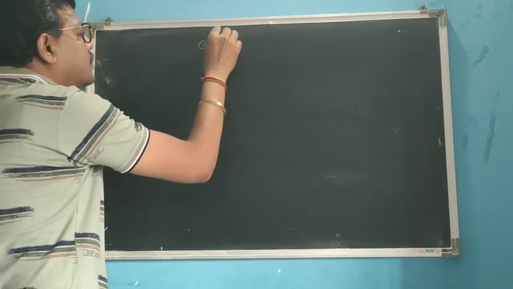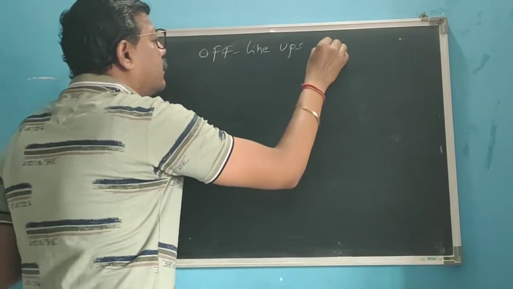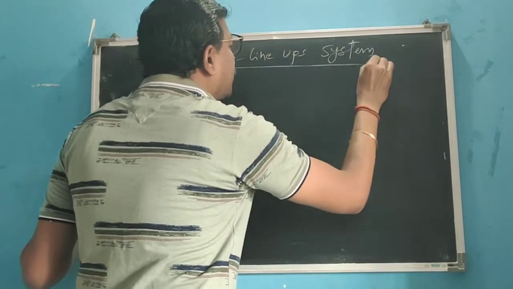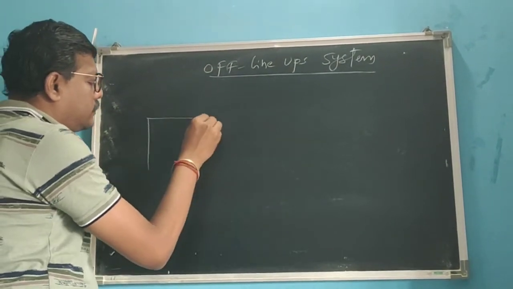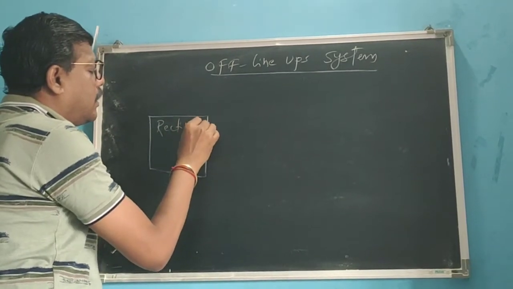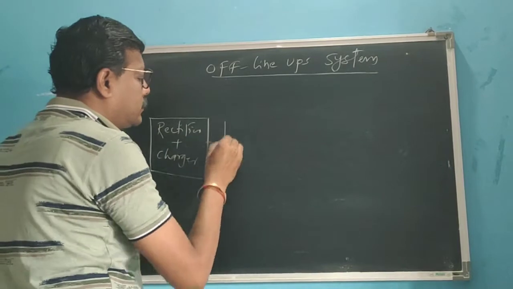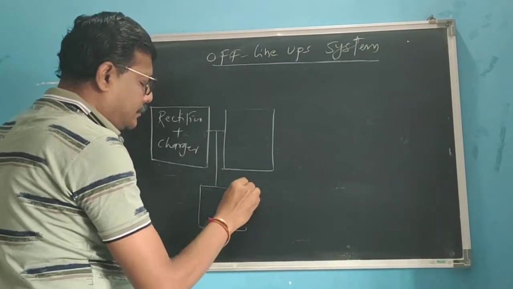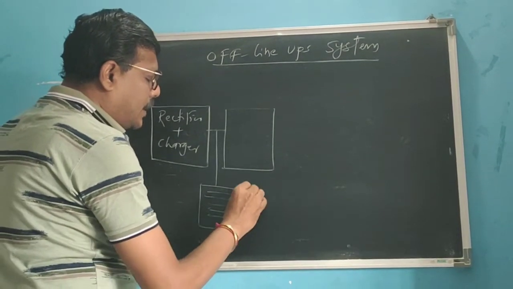And the second one is the offline UPS system. In the offline system, again, there is the charger, the battery bank, and the inverter.